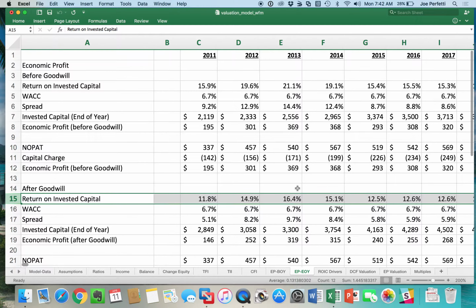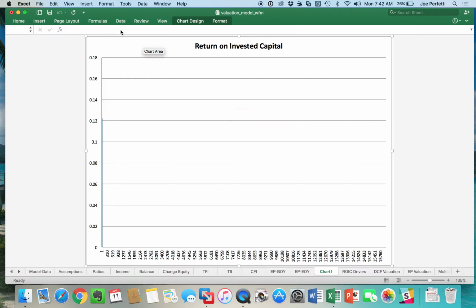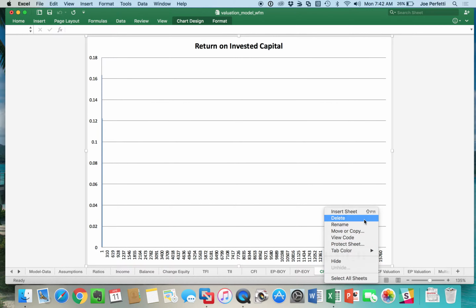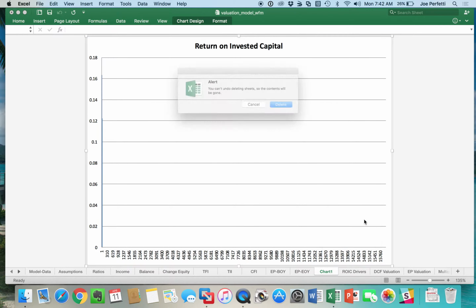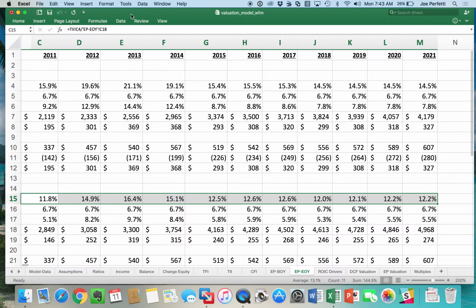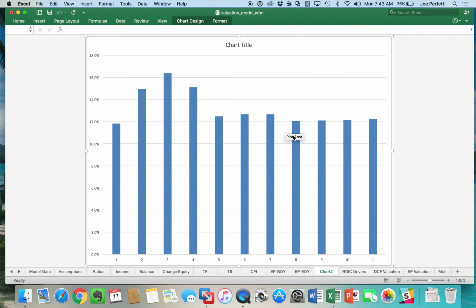So we're going to create a graph. I'm going to highlight this row, select the numbers, and insert a chart sheet that has the historical and forecast ROICs over time.